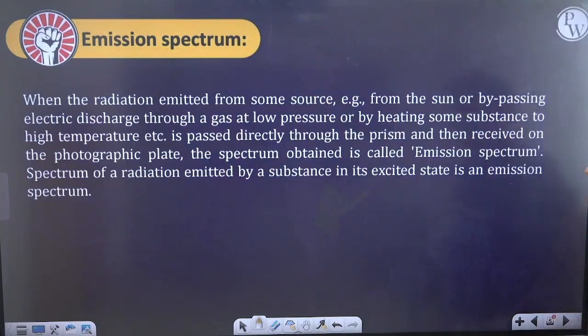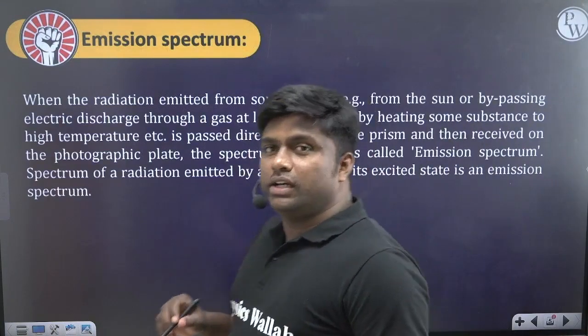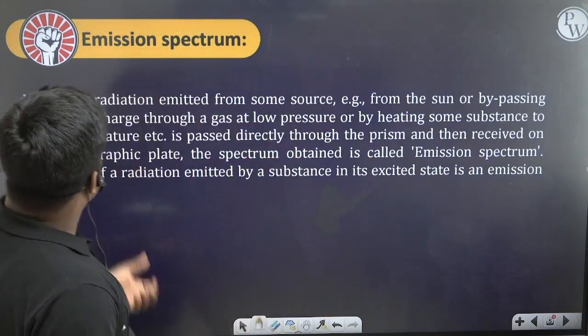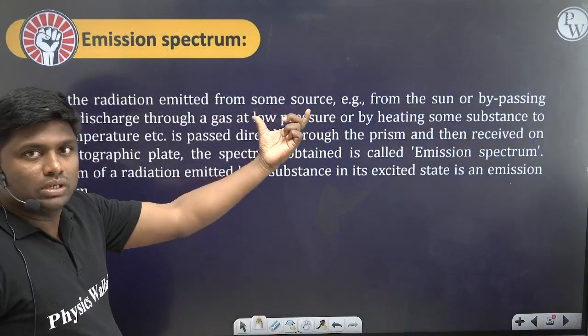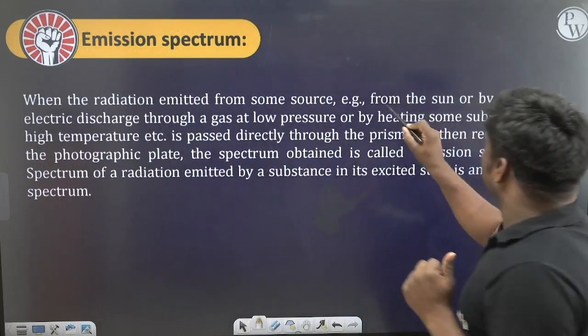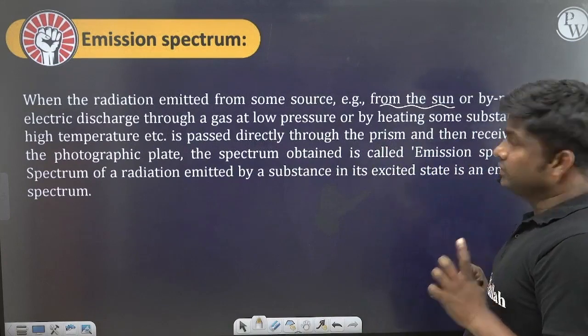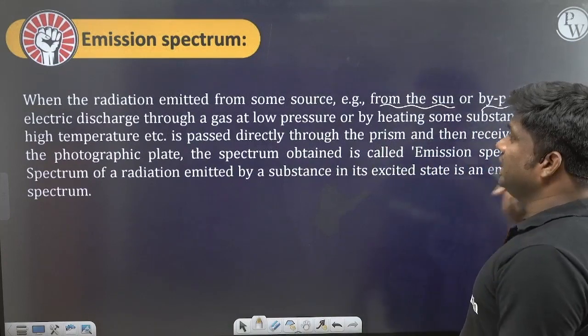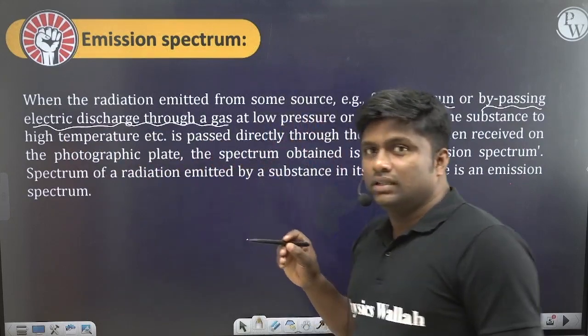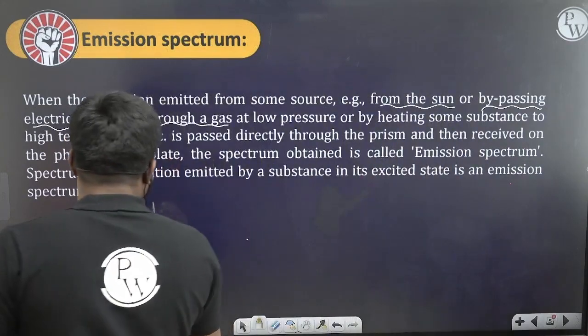See carefully now. When the radiation is emitted from some source, light emitted from somewhere, from some source. What sources are those? From the sun, or by passing electric discharge through a gas. That means we will be taking one gas.